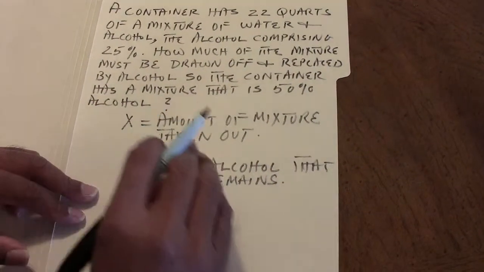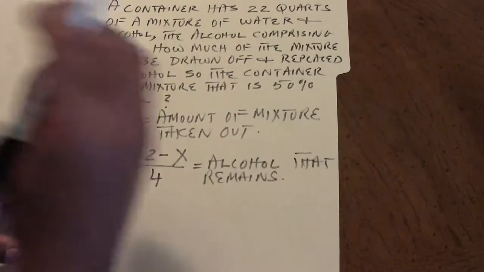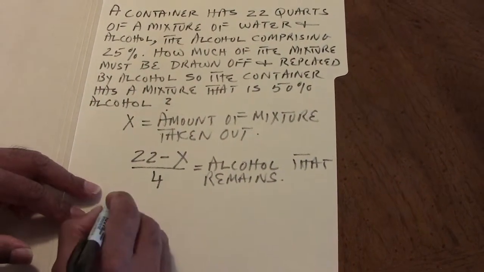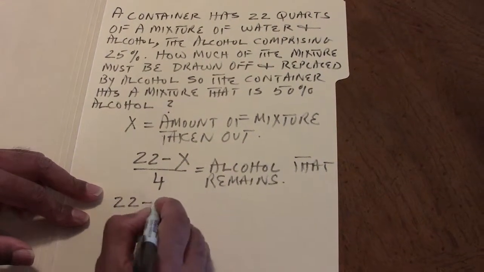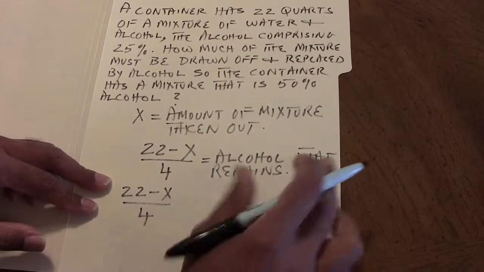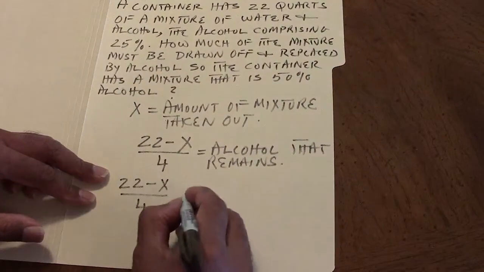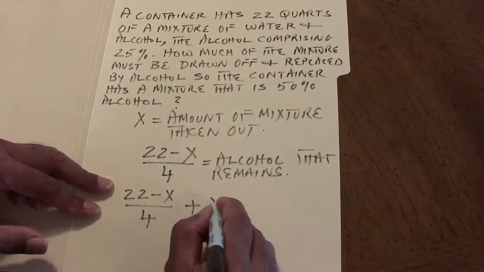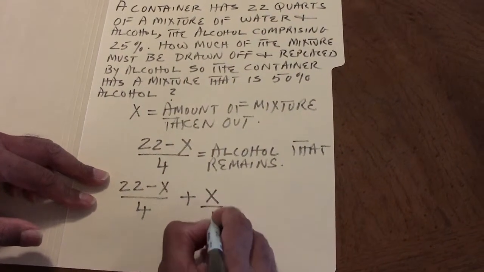Now we take X amount of the mixture out and then we add the same amount of alcohol into the solution. So to (22 minus X) over 4, which is the amount of alcohol that remains, we take out X, but we replace it with alcohol.